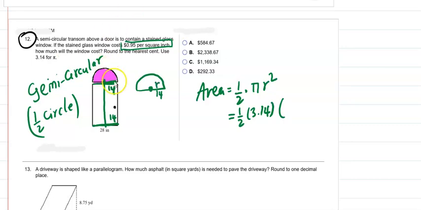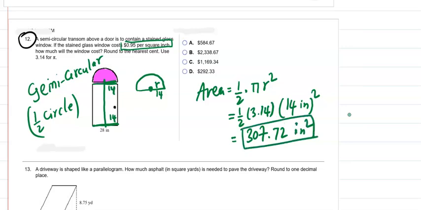You have to see that the length from this center to this point is going to be the radius, which is 14. So I put 14 inches squared, and if you multiply all together, you get 307.72 inches squared. So this is the area of this semicircular transom.